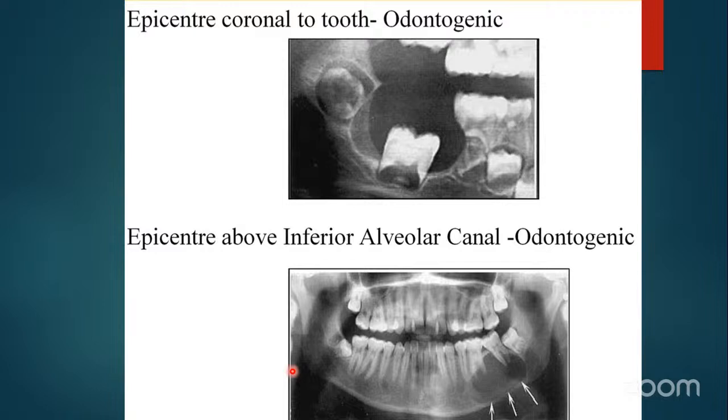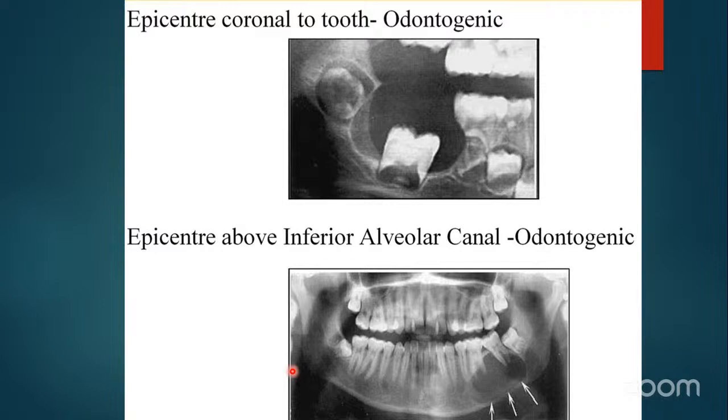Vitality also, by seeing the radiograph, you can sometimes say. It's not a sure shot, but you can guess it. In areas where the pulp is completely stenosed, because of atherosclerosis and all that, or the pulp is completely shrunken, or in cases where there are pulp stones and a blockage of the pulpal tissue, then in most cases it is going to be an odontogenic lesion.